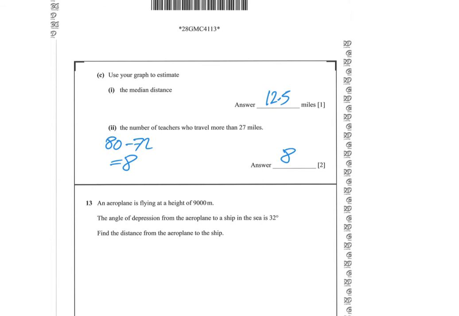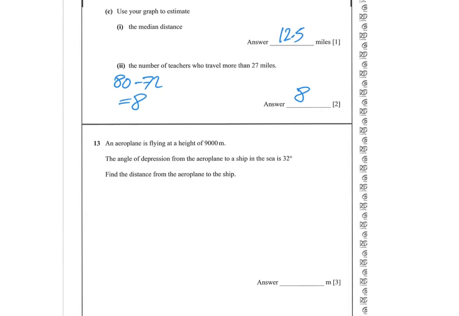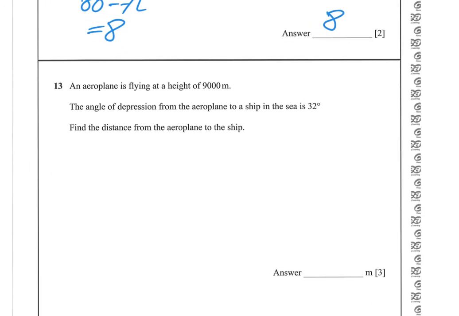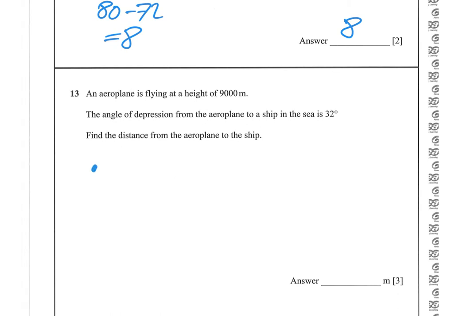Okay, the next question says, an airplane is flying at a height of 9,000 meters. The angle of depression from the airplane to the ship is 32 degrees. Find the distance from the airplane to the ship. So there's your airplane. It's going at a height of 9,000 meters.